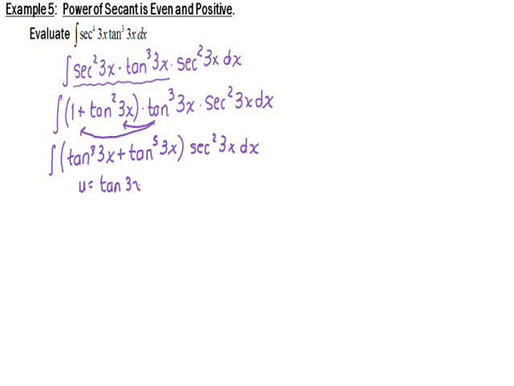Like I said, the motivation behind this is the fact that you'll have no trouble integrating a u to the third and a u to the fifth. They're two very simple power rules. And the choice of our u being tangent of 3x helps quite a bit in establishing the relationship with this secant squared of 3x.